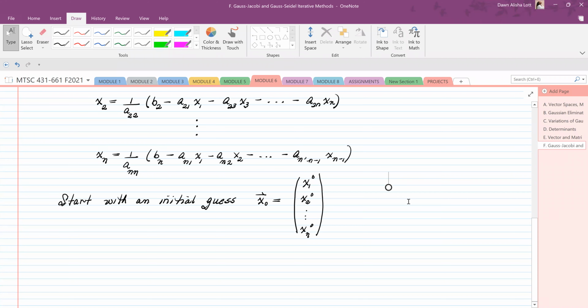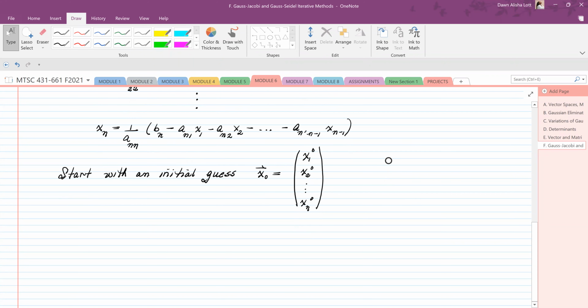And then I am going to compute x1. Let me put the 0 on the top, and now I'll put the 1 up here.